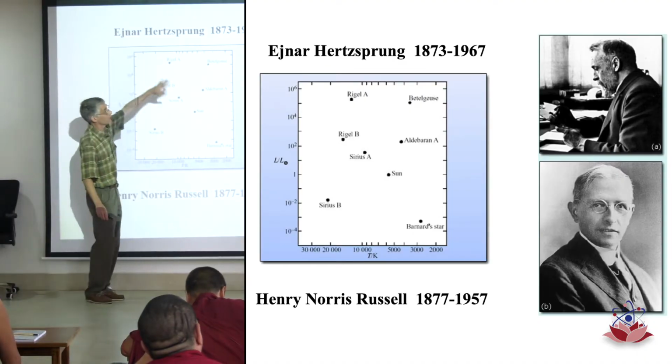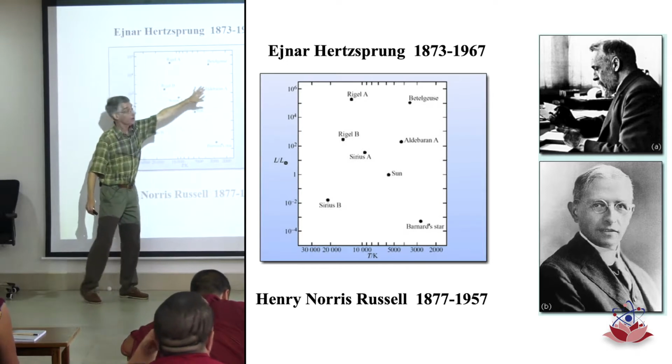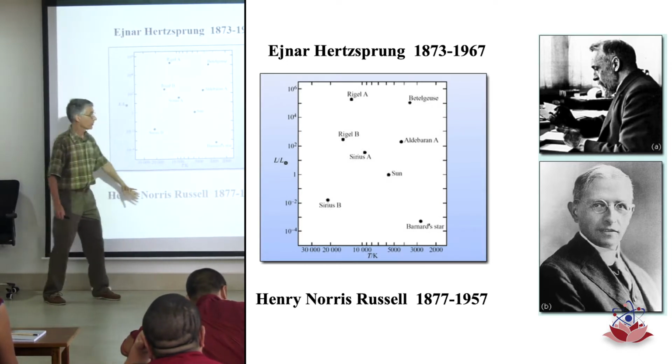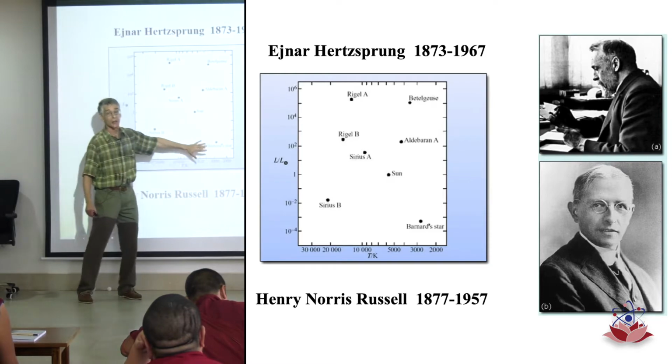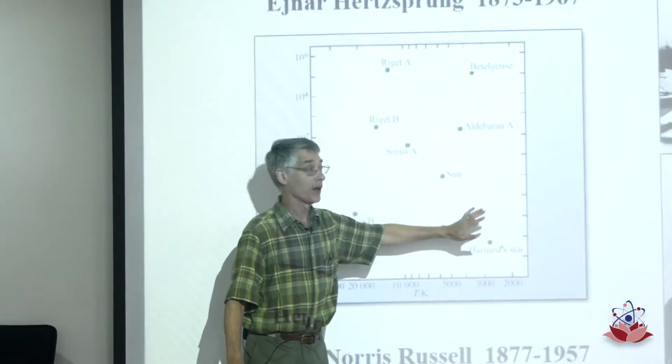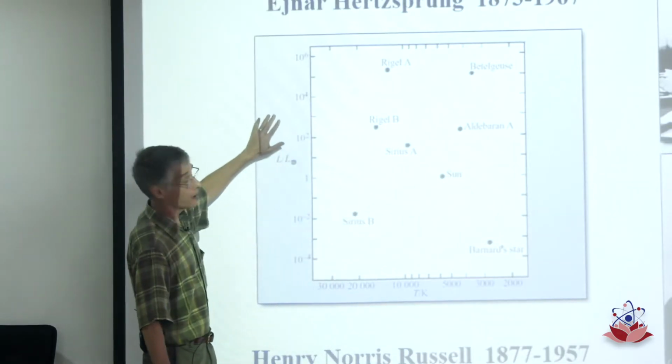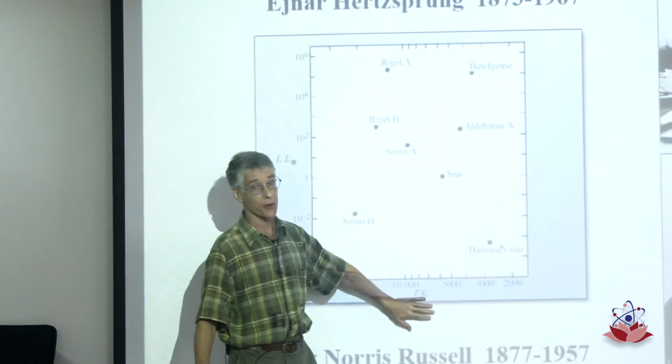So these two gentlemen, Ejnar Hertzsprung and Henry Norris Russell, collected data for stars, especially luminosities and temperatures.